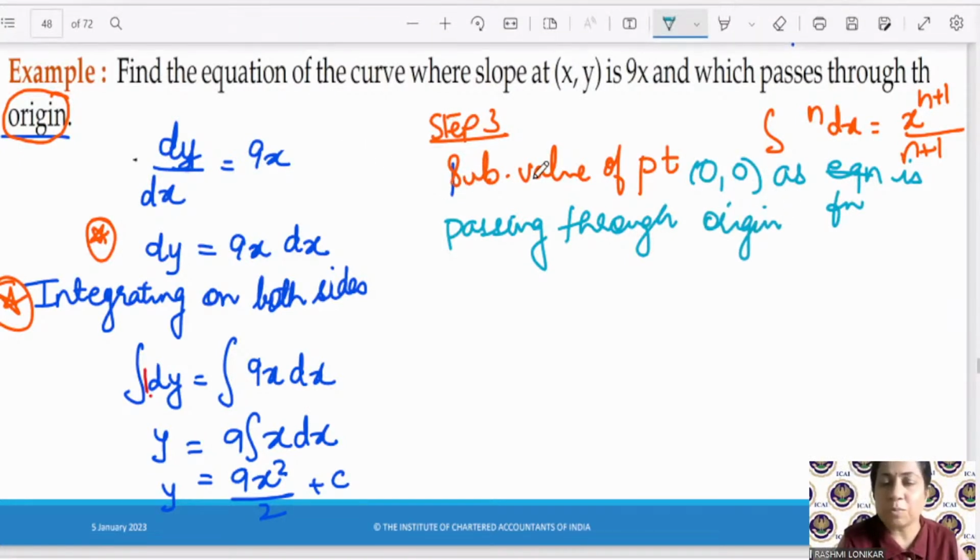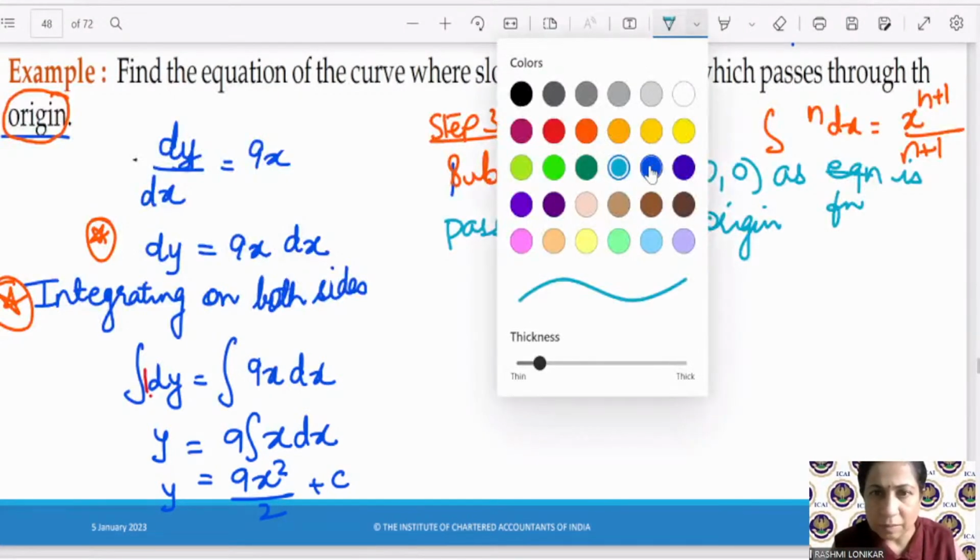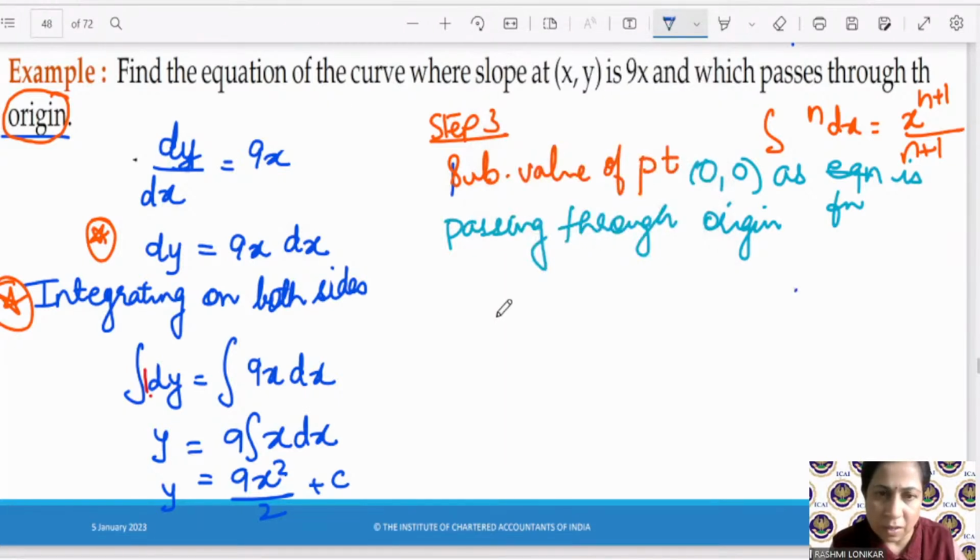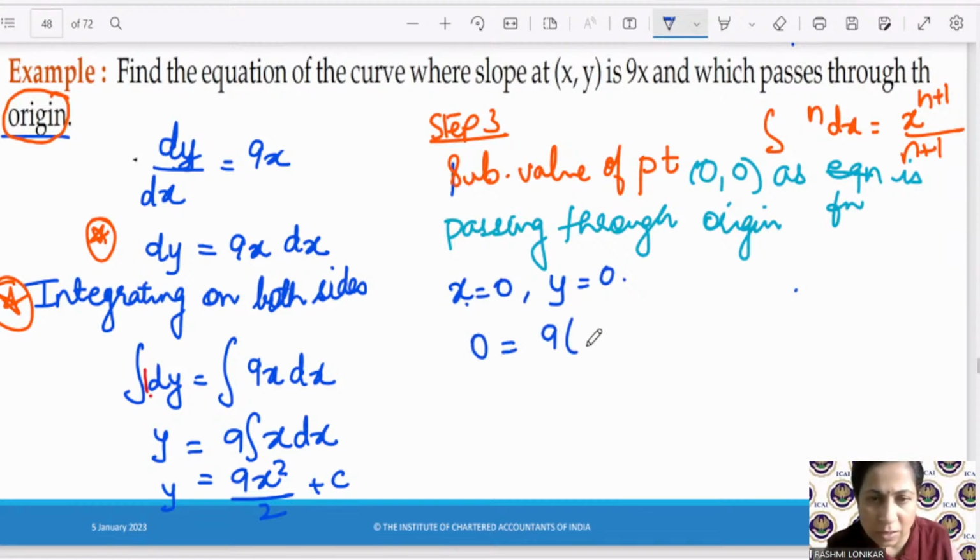Okay, so substitute the value of point 0, 0. So now what will it be? So it will now be y is 0. So that means x is equal to 0, y is equal to 0. Okay. So 0 is equal to 9 into 0 upon 2 plus c, which implies c is equal to 0.